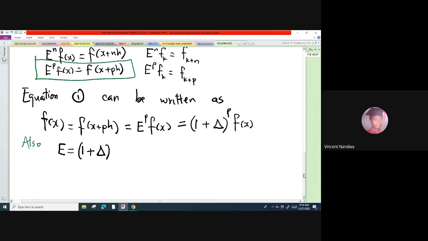So therefore now, we use the binomial theorem to rewrite this term here.